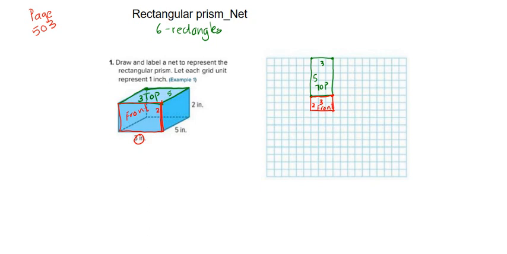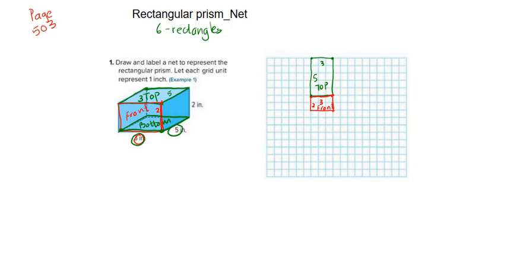Right, then connected to this front rectangle, continuing from this bottom part of the front rectangle, is this rectangle here, right at the bottom, and we call this the bottom rectangle. The bottom and the top are exactly the same. It's 3 by 5.